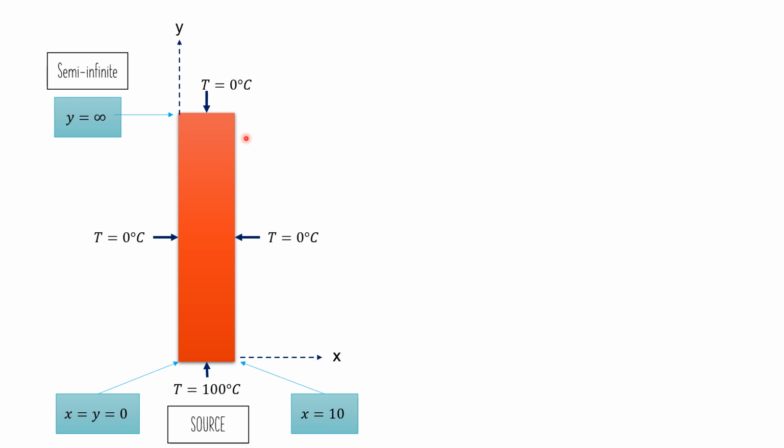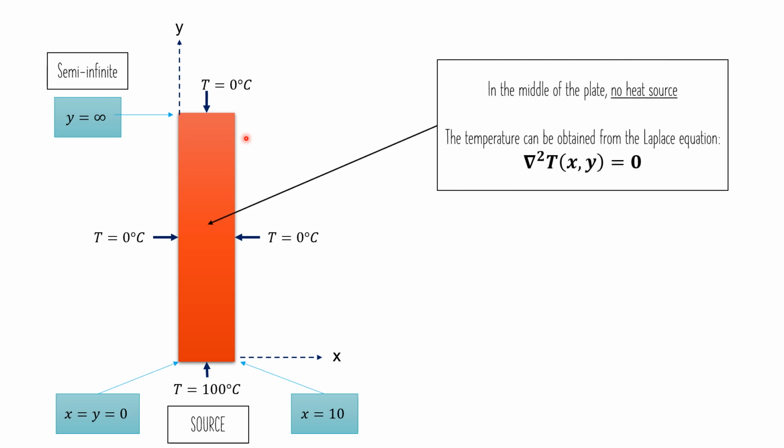Here in the middle of this plate, as you've seen, there is no heat source, and therefore we can apply the Laplace equation. In this case, I've written the Laplace equation as nabla squared T(x,y). The T here represents the temperature, which is going to change according to the x and y coordinates.